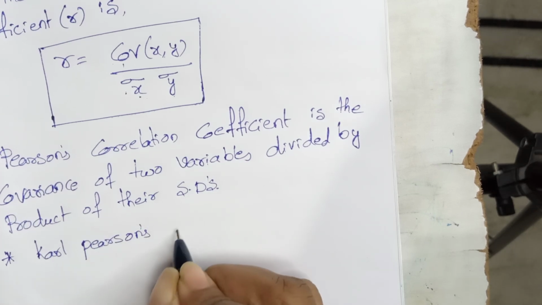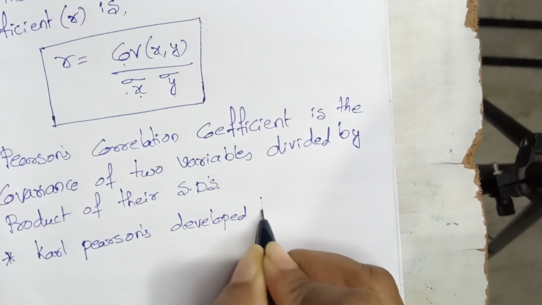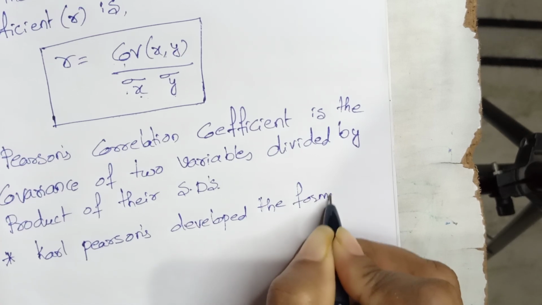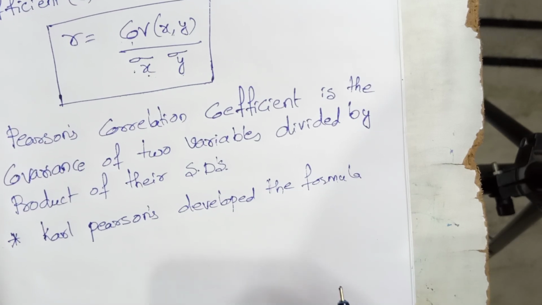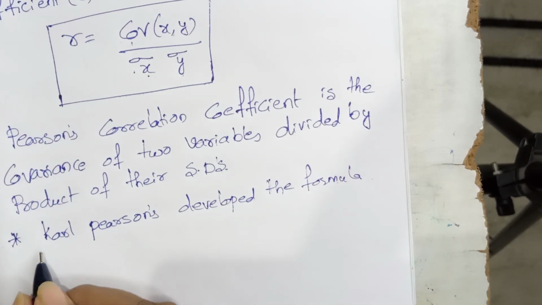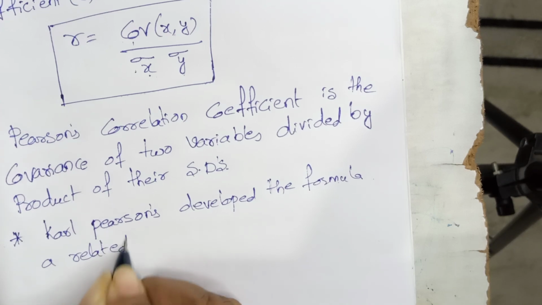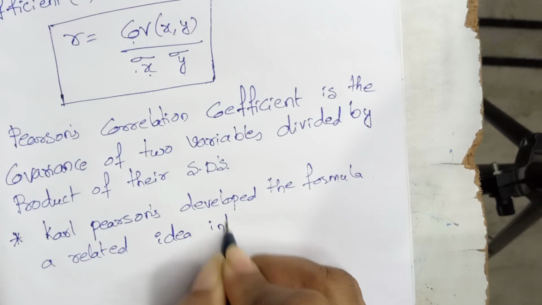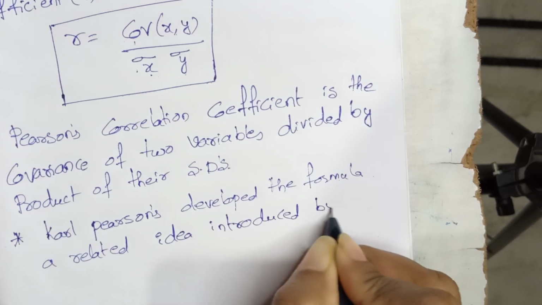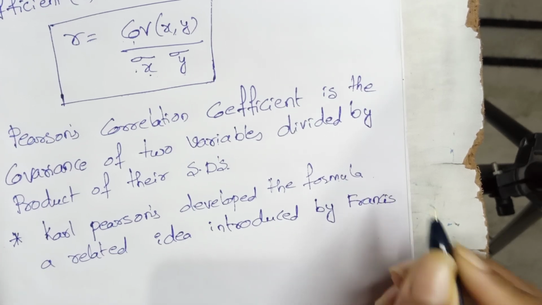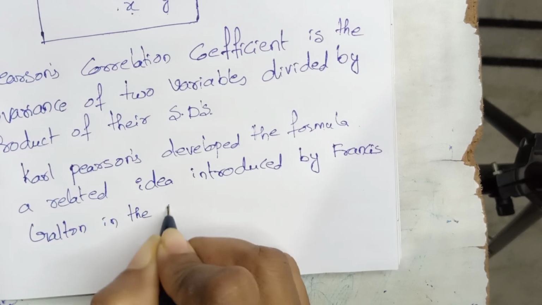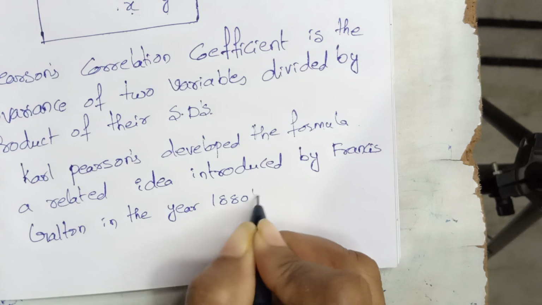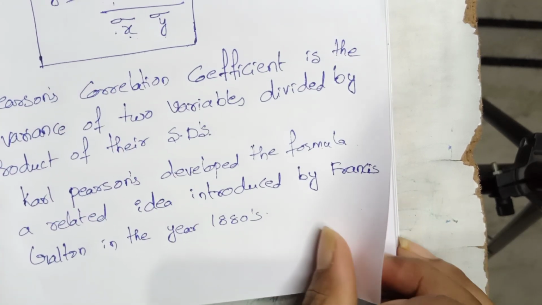Carl Pearson developed the formula, and a related idea was introduced earlier by Francis Galton, in the 1880s. So this is about the correlation coefficient.